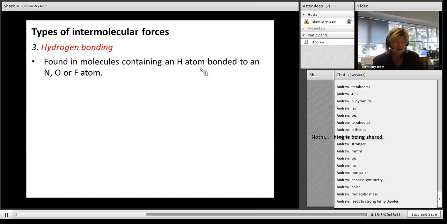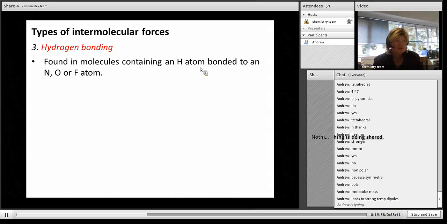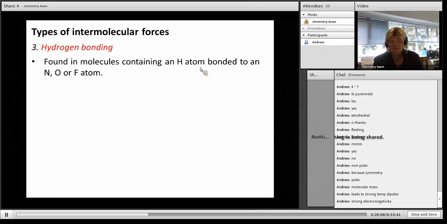Why those three? Why not sulfur or phosphorus or so on? What's special about nitrogen, oxygen, and fluorine? They've got a very high electronegativity, and they're also small atoms.